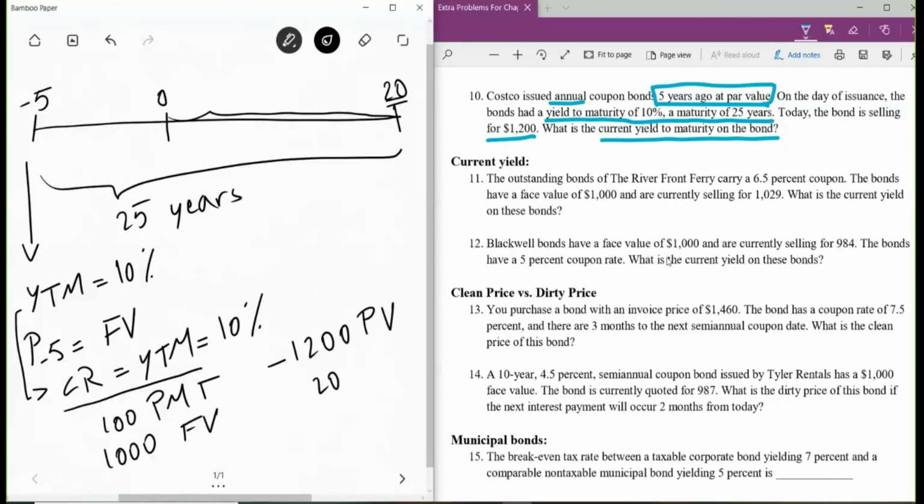N is 20 because from this point in time, I have 20 years till maturity. I compute IY, the yield to maturity. IY in this case is equal to 7.9678%.